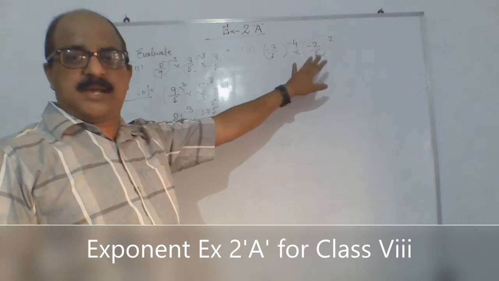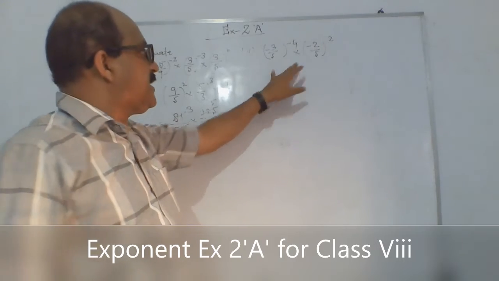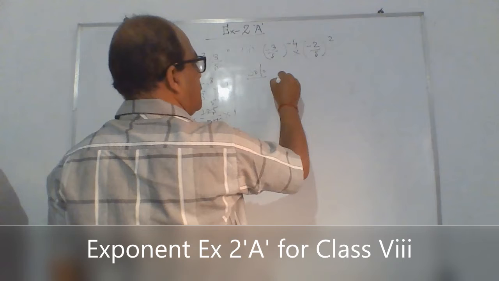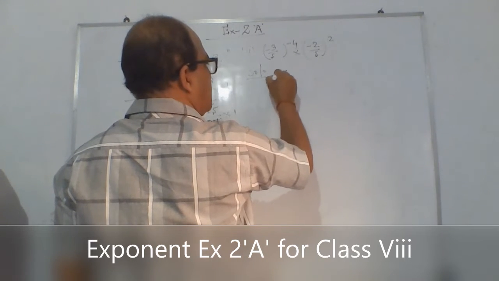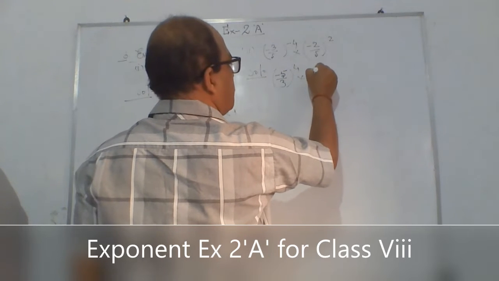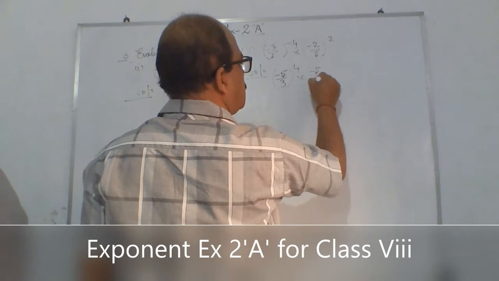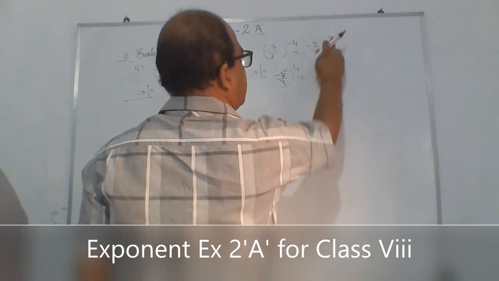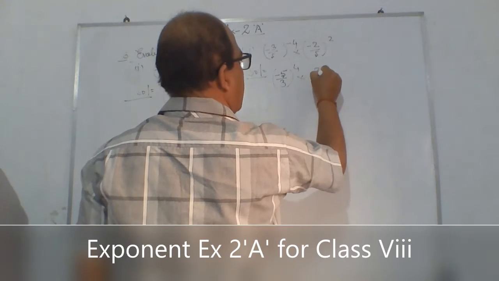So both are not equal. Here at first we have to simplify these numbers. So 5 by minus 3 to the power 4 into minus 2 by 5 to the power 2. Sorry, this one is not a negative exponent, so it will be written as it is.